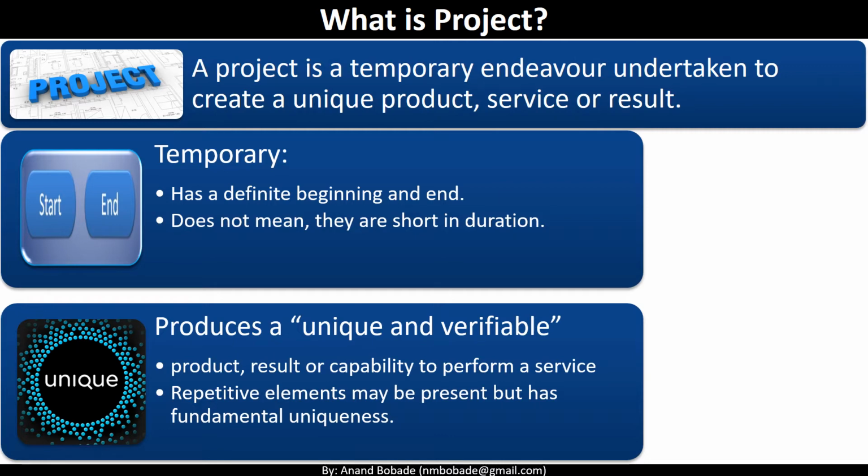Even though each row house looks similar, they may have similar design, it may be estimated to cost the same, but each row house is considered as a unique product. Why? The reason is the journey of construction of each row house is different. Different resources, different challenges, risk, issues, etc. Hence, it is considered as a unique outcome, a unique product.